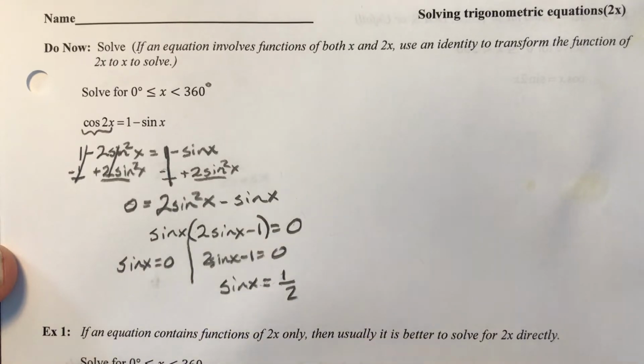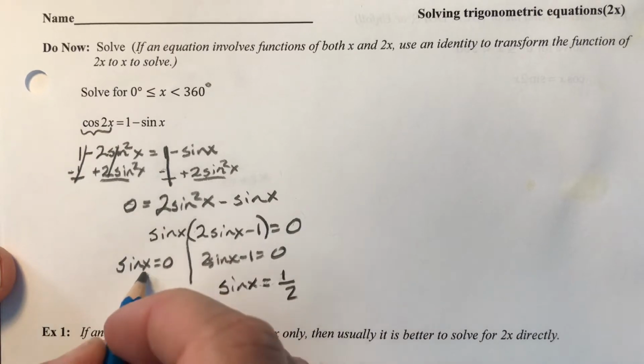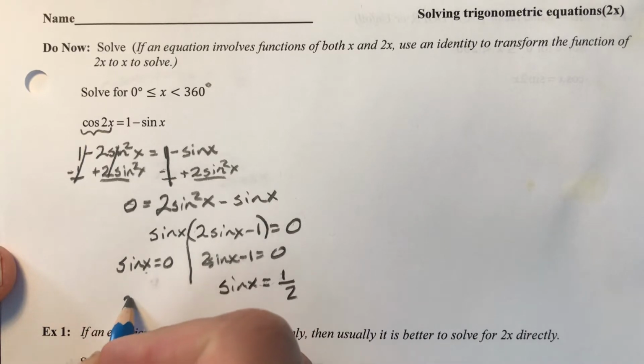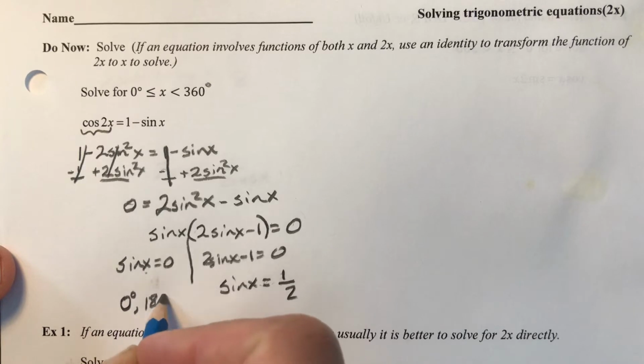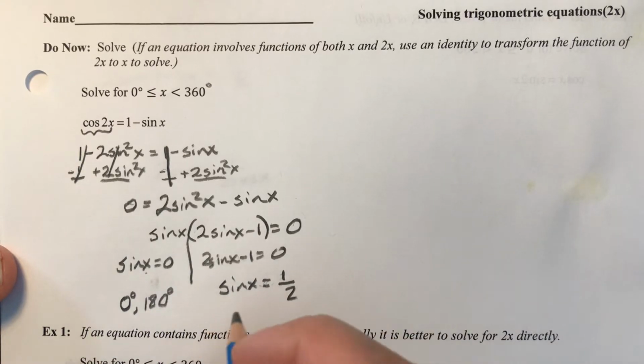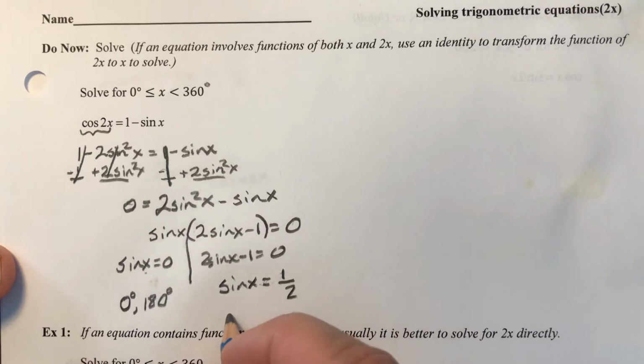Okay, so you're going to think, and remember, where is the sine x equal to 0 on your unit circle? And that happens at 0 degrees and 180 degrees. And where is the sine x equal to 1/2 on the unit circle? That's going to be at 30 degrees.